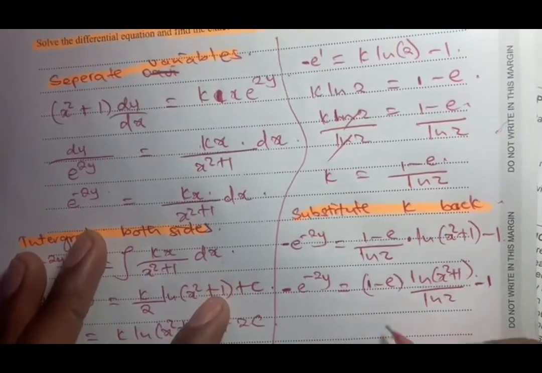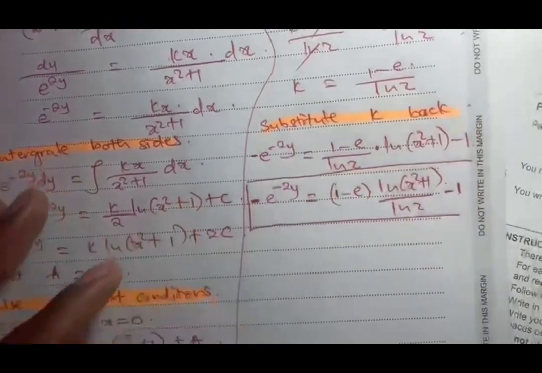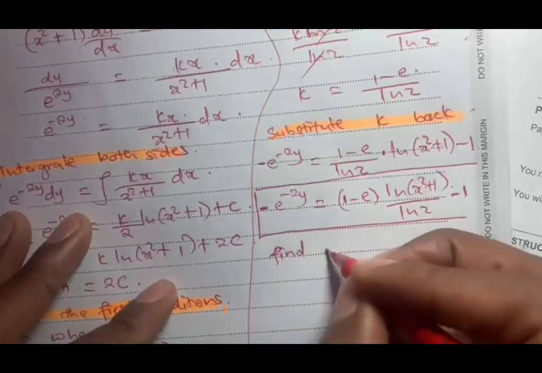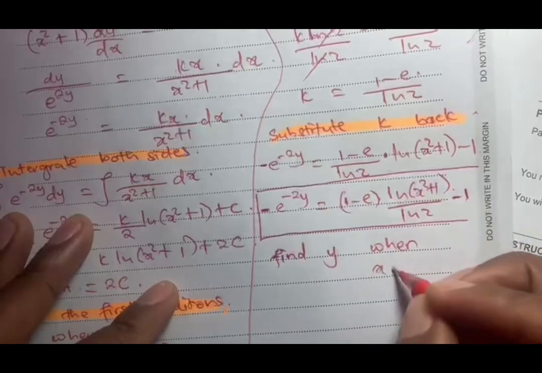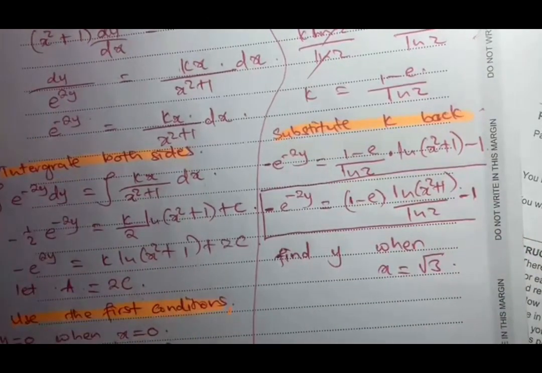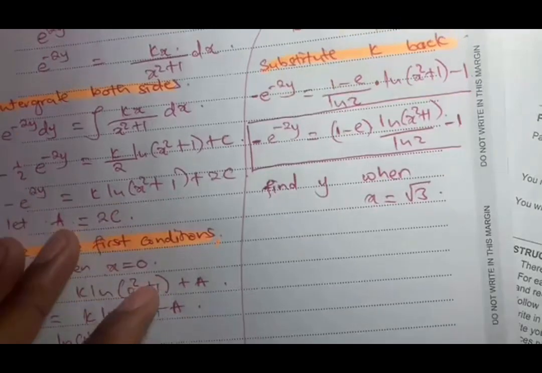So now I'm using this expression here to find y when x is equivalent to 3. I'm leaving out y because it's the one I'll make the subject of the formula.